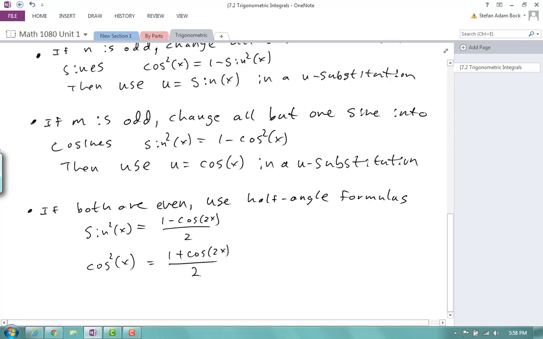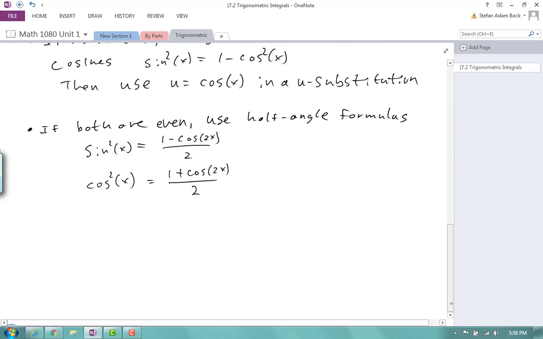Now, I don't have to change anything before I use these half-angle formulas, but it will simplify your multiplication if the number of sines and cosines is either balanced, or if all of them are sines, or if all of them are cosines. But what may happen is you'll end up turning one integral into several integrals. So, after I use the half-angle formulas, we'll just re-evaluate what we'll need to do.